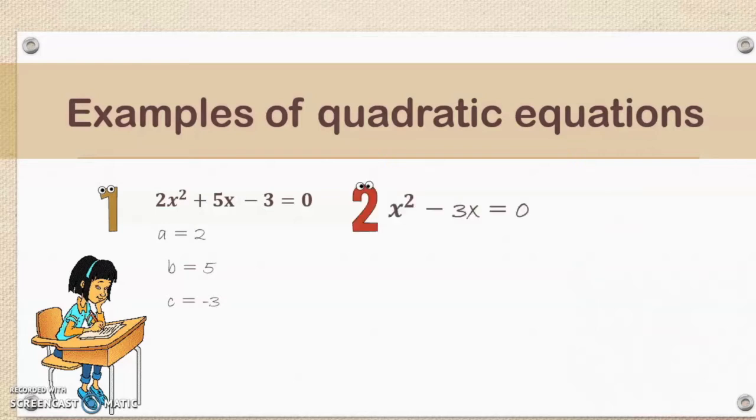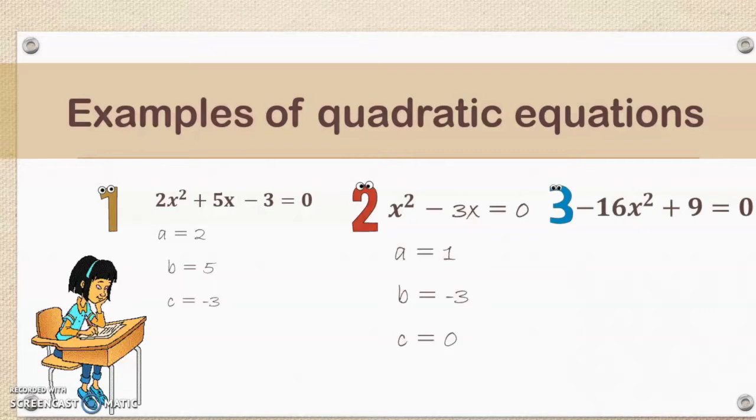Number 2, x squared minus 3x equal to 0. The value of a is 1, b is negative 3, c is equal to 0 because the constant term is not present in the equation.